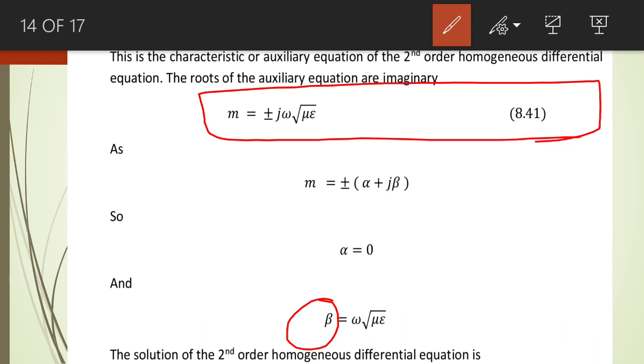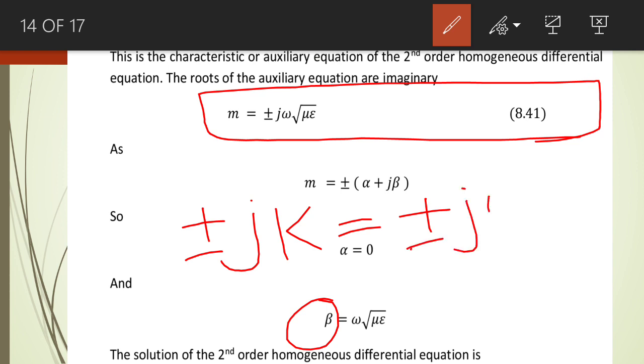So there are two roots of the auxiliary equation, right? So what do we have? We have jk plus minus jk, which will be equal to plus minus j omega under root mu epsilon.